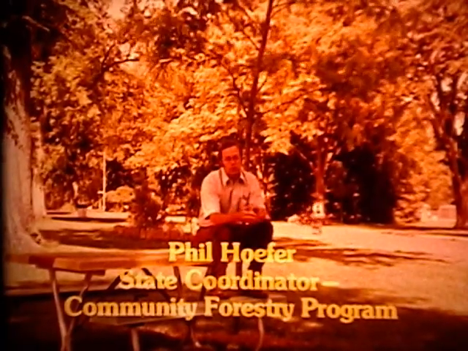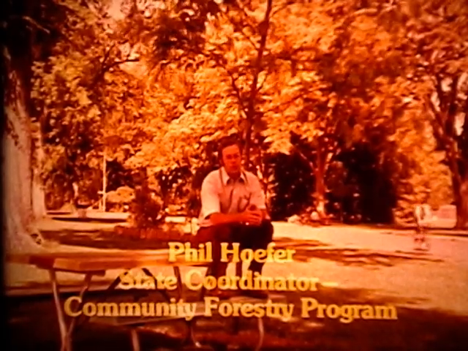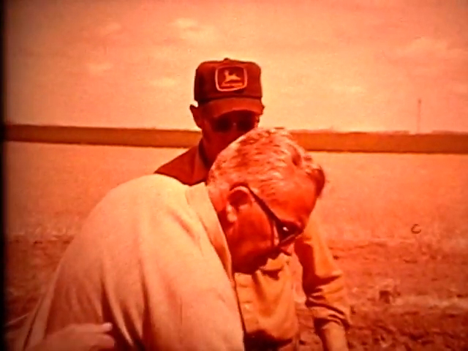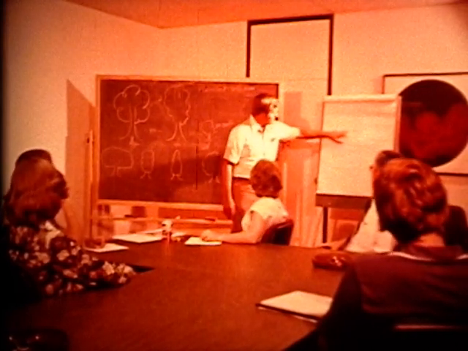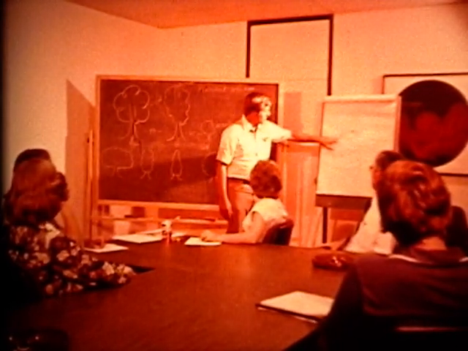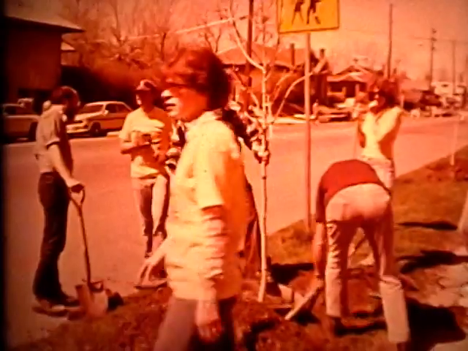As a tree board develops, gets older, we may find them getting involved more in the planning stages of the community forestry activities. Examples may be getting involved with the writing or preparing of ordinances. They become an advisory group to the city council.